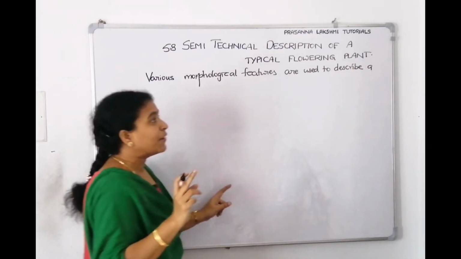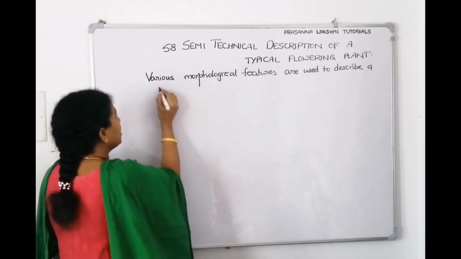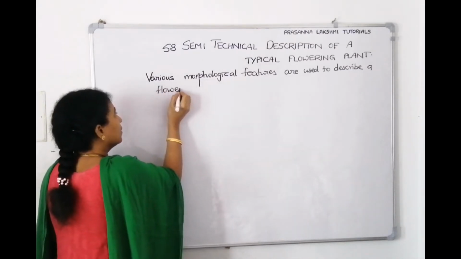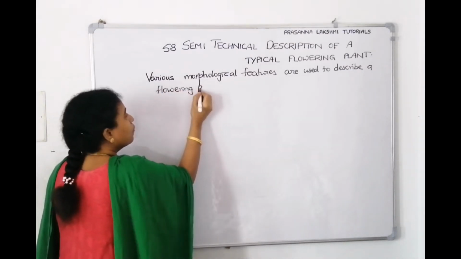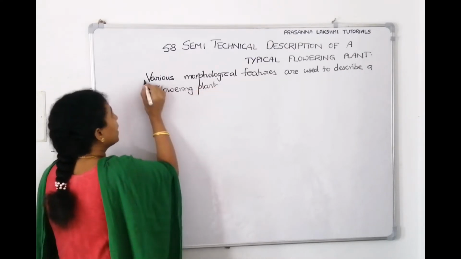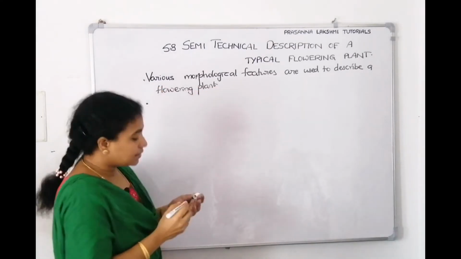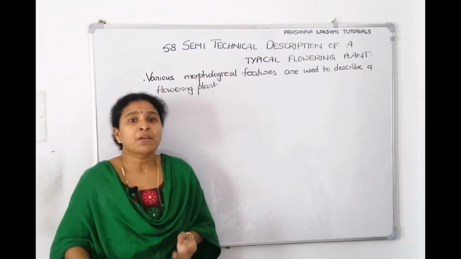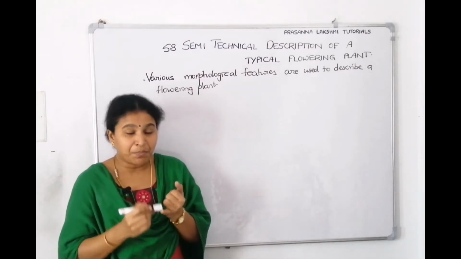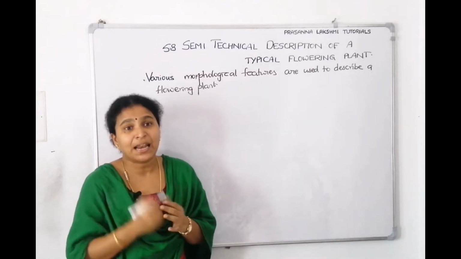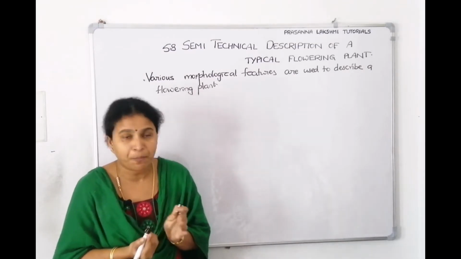How can you describe a flowering plant? By looking at its morphology. Then, what are the things we need to take into consideration? We have to describe it in brief, in simple and scientific language, and present it in a proper order.